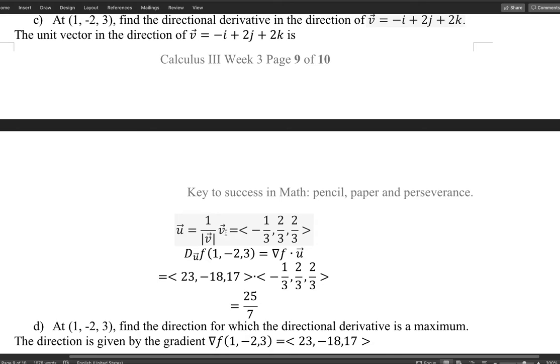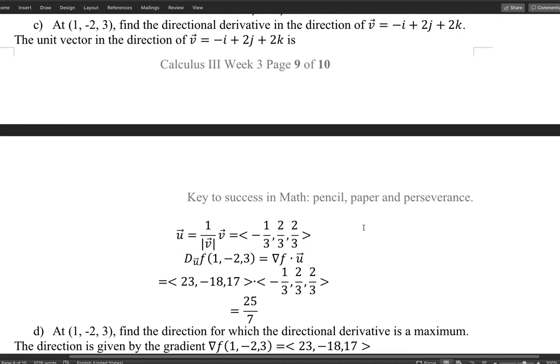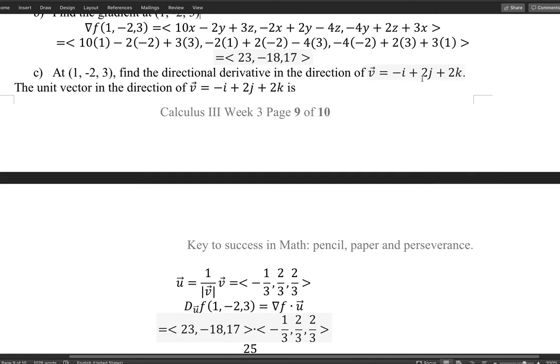Given any vector, you multiply the reciprocal of the norm to the vector, that is the unit vector. The norm of negative 1i, 2j, and 2k, I think it is 3. So accordingly, the unit vector in the same direction turns out to be negative 1/3, 2/3, and 2/3. That's the unit vector.